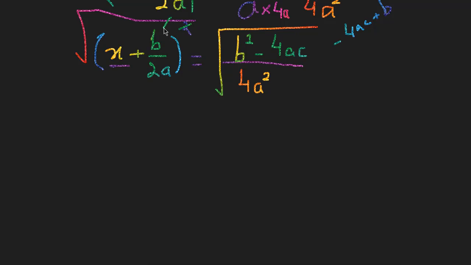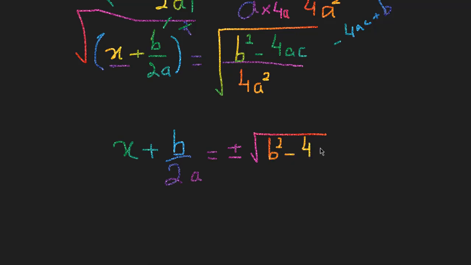This side got cancelled, and we are left with x plus b over 2a equals plus minus, as whatever comes out of the root is positive and negative, the square root of b squared minus 4ac over the square root of 4a squared, and this is a perfect square, so I can write it like 2a whole squared, and then take the square root of it. The square and square root got cancelled, and we're just left with 2a.